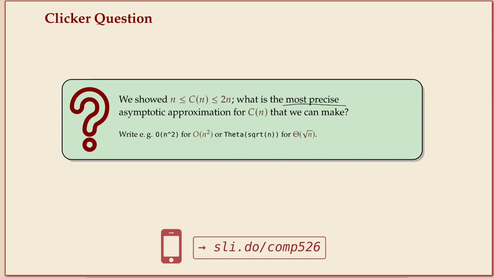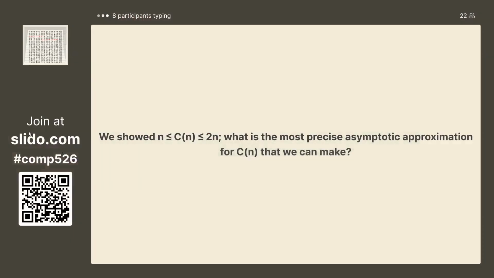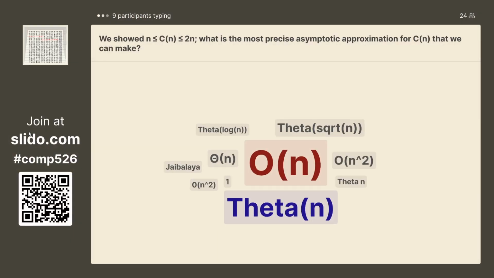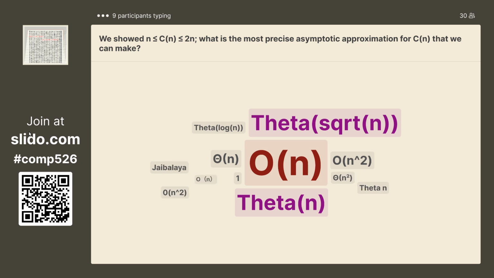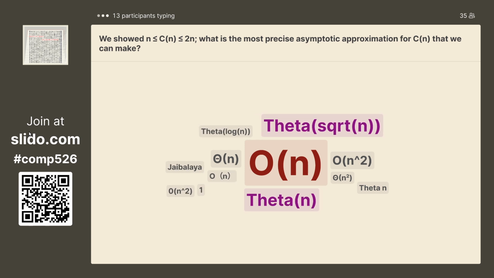All right, I think you can see, right? I didn't show it, yeah. I mean, just because it has the biggest blob doesn't mean it's correct, right? And yes, I know Slido supports smileys and emojis.